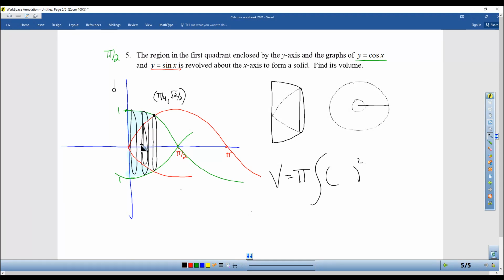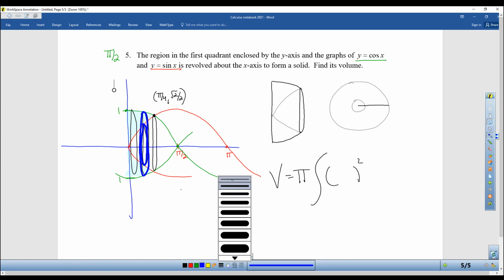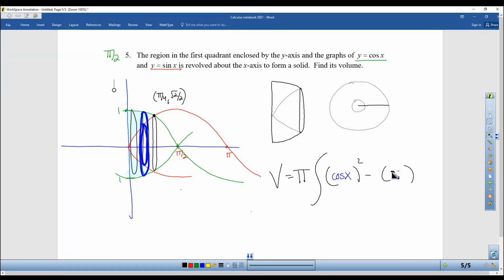If you have to, just make one of them kind of dark, like this, and then this. What's creating that outer radius on that? It's definitely the cosine graph. So cosine of x minus sine of x.